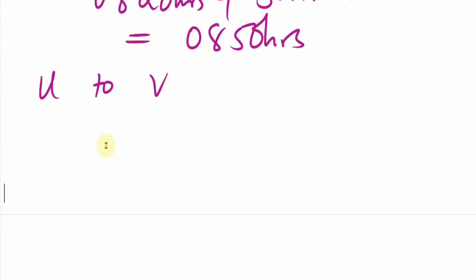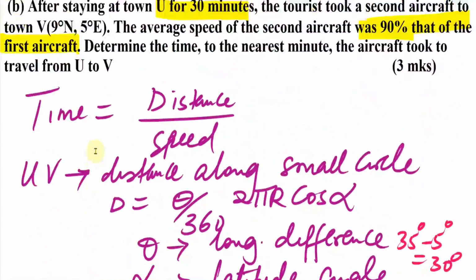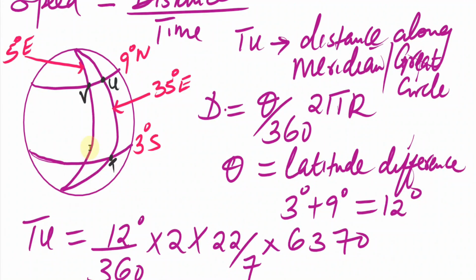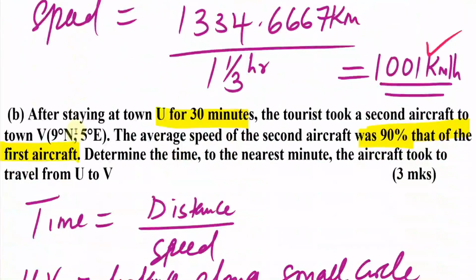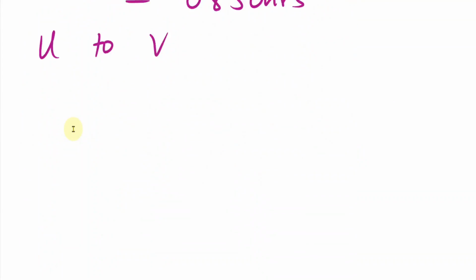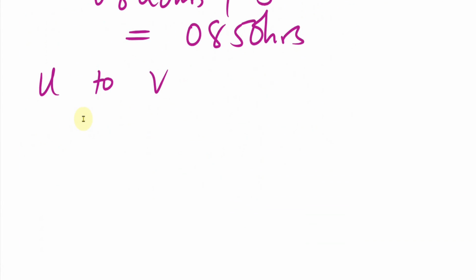To get the time difference, we use the longitudes. U is 35 degrees east, and V is 5 degrees east. So that is very important.